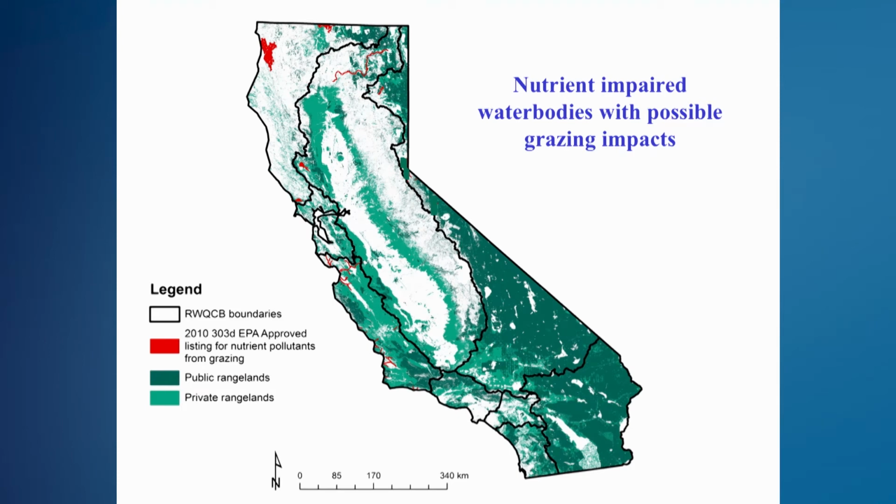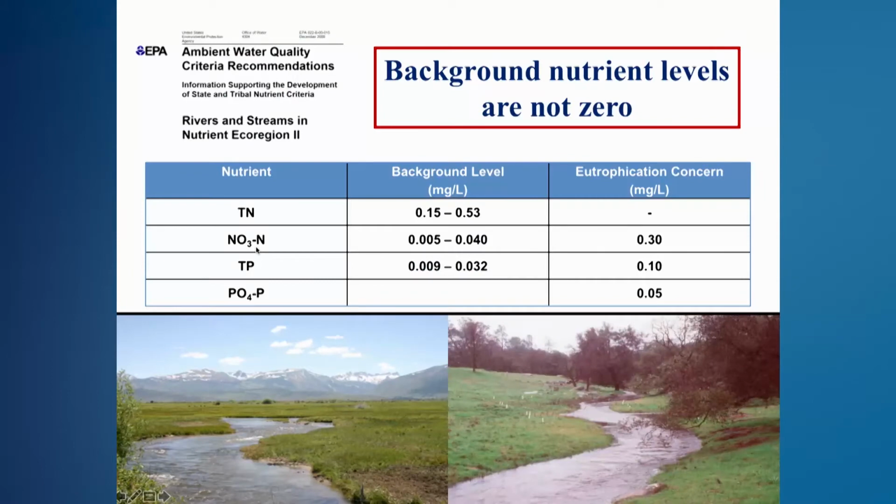Within the state of California, several areas have been identified with nutrient impairment, with the possibility of grazing being the source of the nutrients. In particular, we have a source here in northeastern California in the Cascade Range, and then along the coast in the Coast Range. However, it must be recognized that background concentrations of nutrients are not zero.